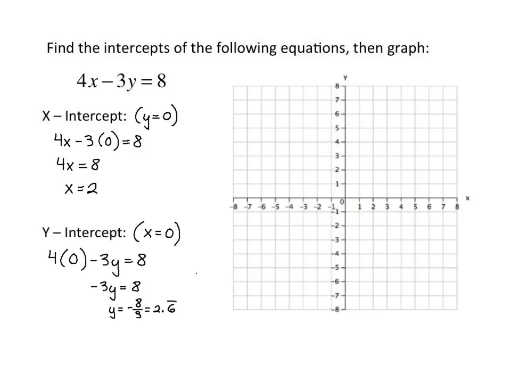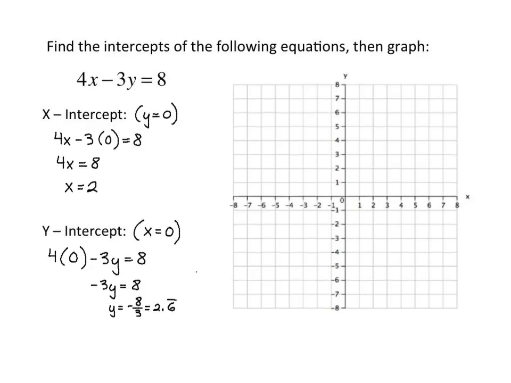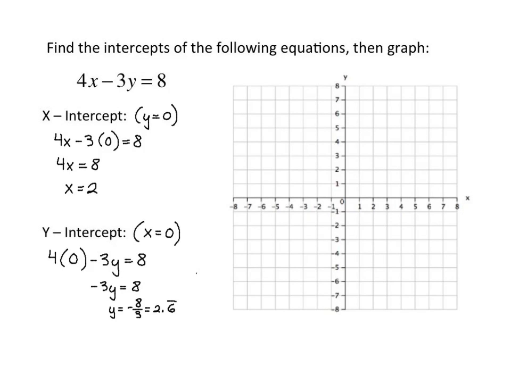So with this in mind, I can first plot the x-intercept. x equals 2, so I can go right 2 on the x-axis. That's a pretty easy point to plot. And then the y-intercept of 2.6, keep in mind this is negative. I almost forgot that. That is a negative 2.6, so I want to make sure I include that negative.